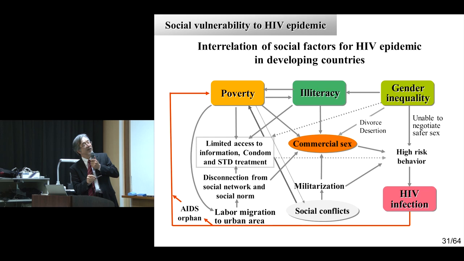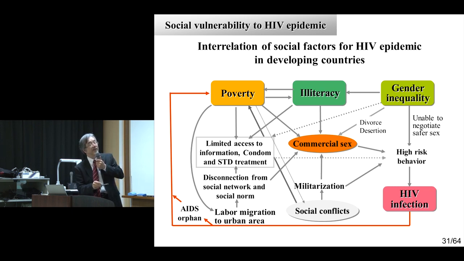If they are very poor, many people have to go into commercial sex to survive. If they do not have enough literacy to get a job, they may find commercial sex as the only job opportunity. So with gender inequality, they have less choice to survive. If the family is very poor, adults in many cases migrate to the urban area.